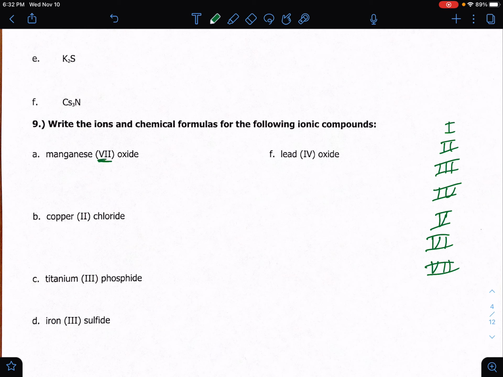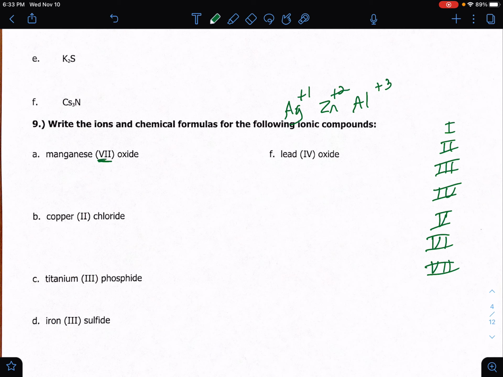Now, on your periodic table, remember, if it was one of those three: silver, Ag, zinc, and aluminum. Silver has a charge of +1, zinc has a charge of +2, and aluminum has a charge of +3. If it is one of those three, even though it's in the transition metal group, it does not need a Roman numeral because it's always going to be the same.